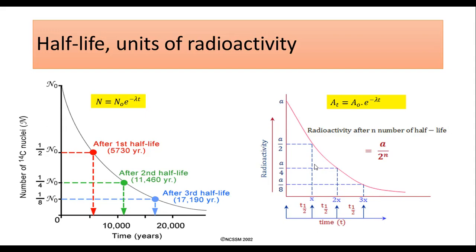And what does this mean? You are getting from this explanation how to get the half-life of the radioactive nuclide. So starting with this graph, what is the half-life? Let's suppose this is the initial activity of any radioactive nuclide.